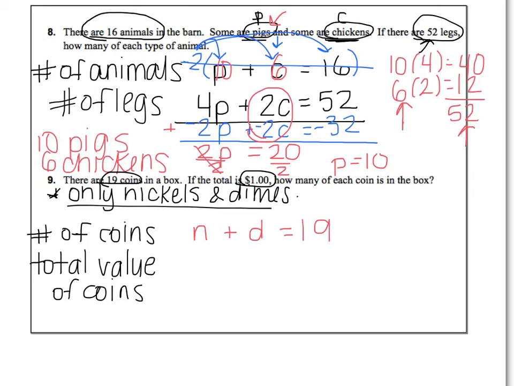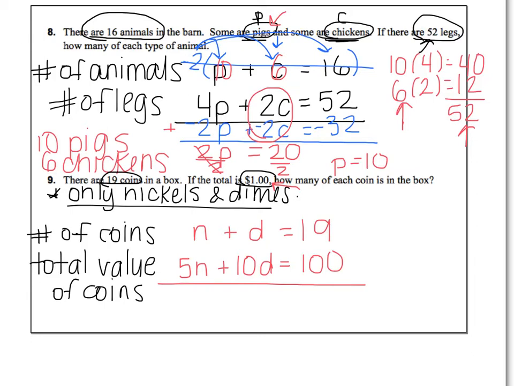Now if I take the values, nickels are worth 5 cents, plus dimes are worth 10 cents, and we need a total of $1, which I want to keep consistent and use cents. $1 is 100 cents. I'm going to use the same method as the last problem. I'm going to use elimination.